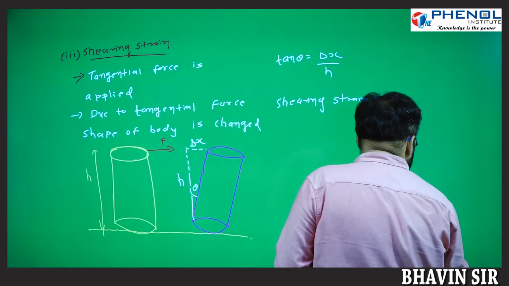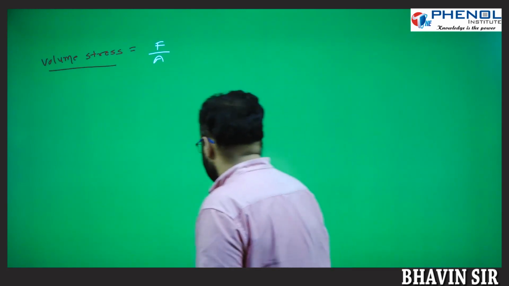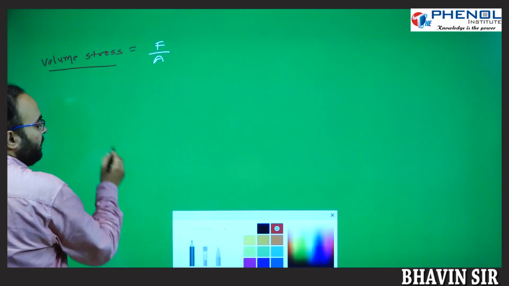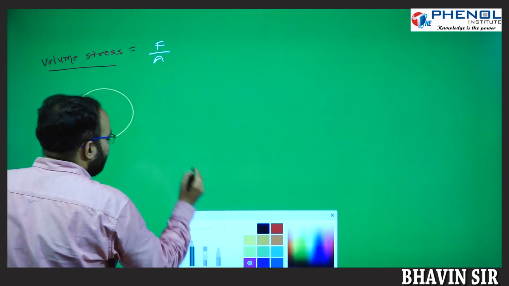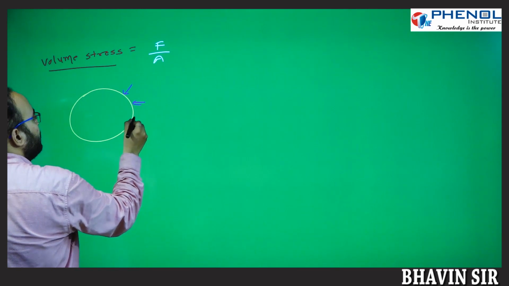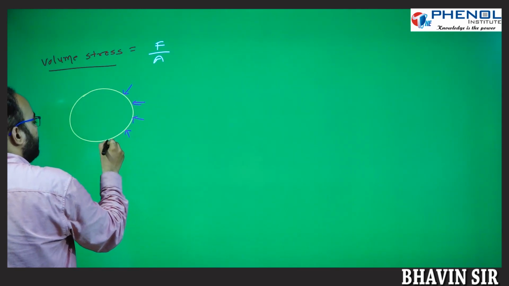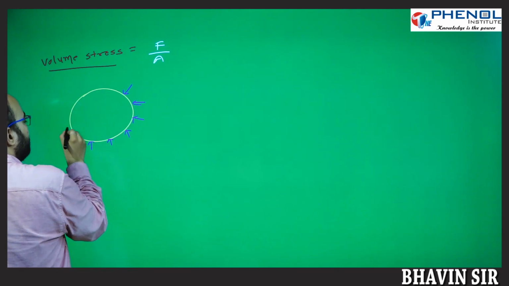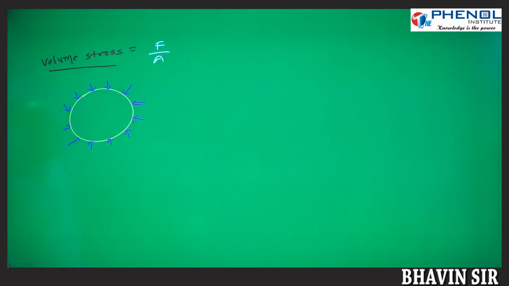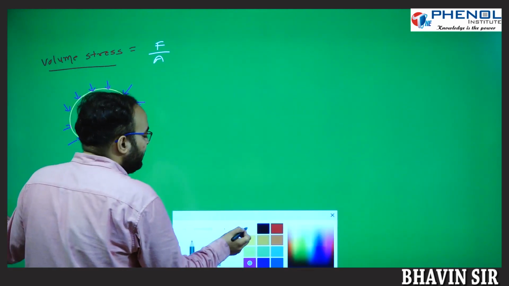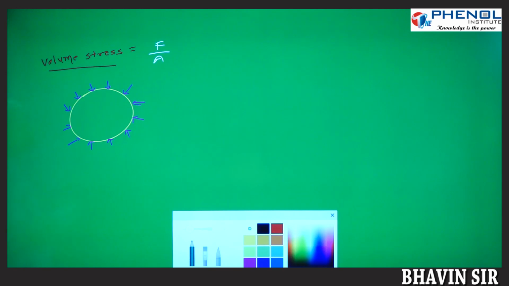See, this is the body, and force is applied to each and every part of the body, students. So that's why volume stress is force by area.